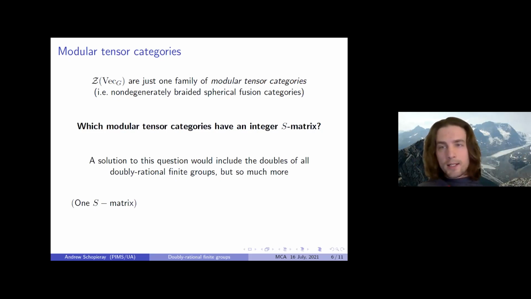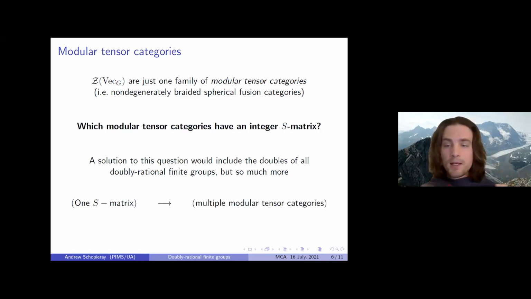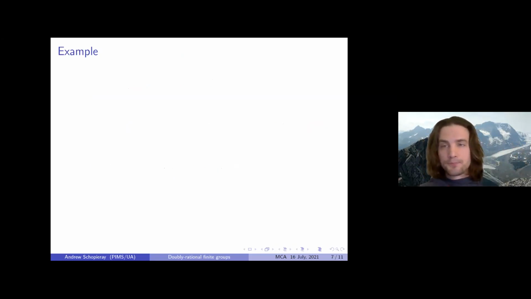One reason is that if I take what we might call a piece of the modular data of the modular tensor category, its S matrix, then I can have many modular tensor categories which have that same S matrix. This numerical invariant of these categories isn't as descriptive as we might have hoped. It certainly does not characterize modular tensor categories.